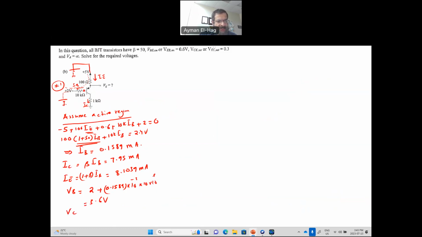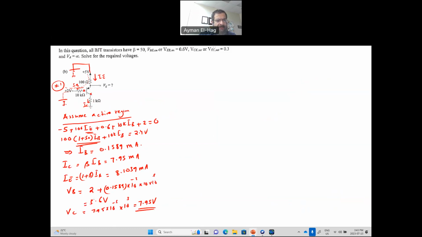Your VC, on the other hand, is the voltage between this and the ground, which is basically IC times 1 kilo. So it's equal to 7.95 times 10 to the minus 3 times 10 to the power 3, which is equal to 7.95 volt.